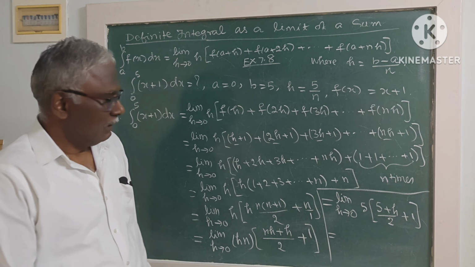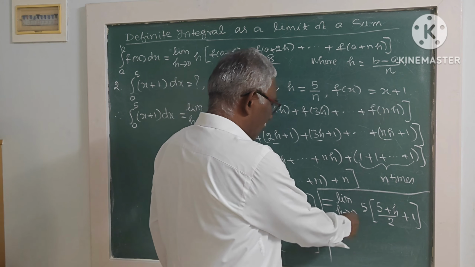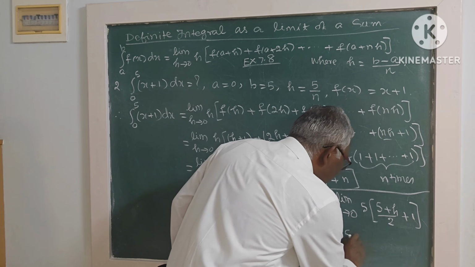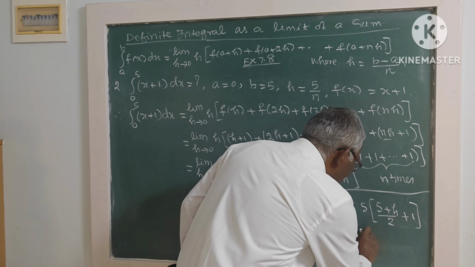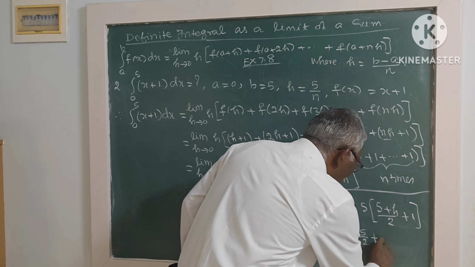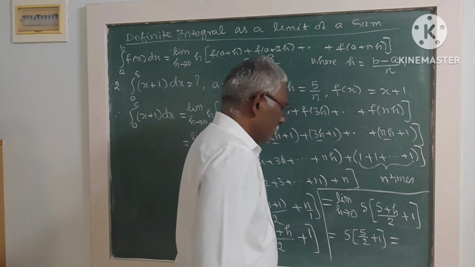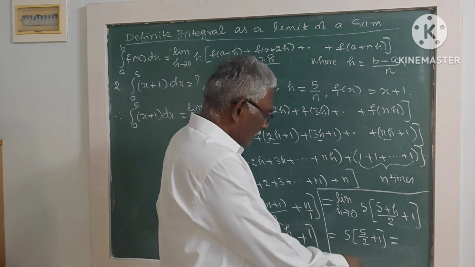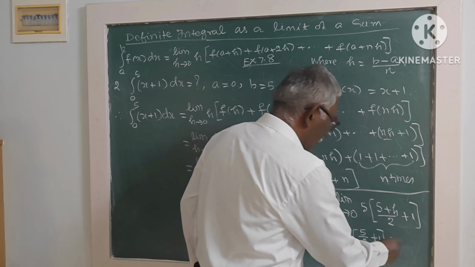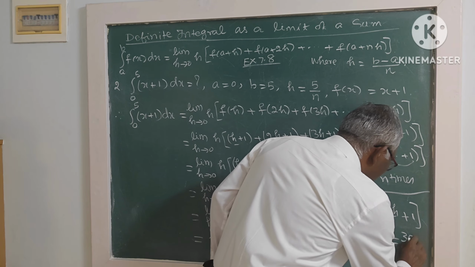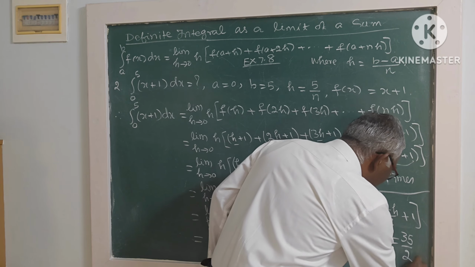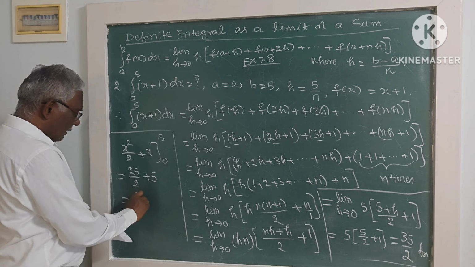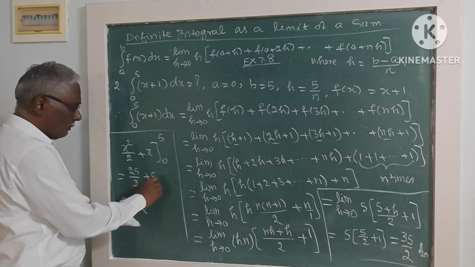Now take limit h tends to 0, so it will be 5 into (5 by 2 plus 1). H is 0 means 5 by 2 plus 1, so 7 by 2, so 35 by 2. So this is the answer, 35 by 2.